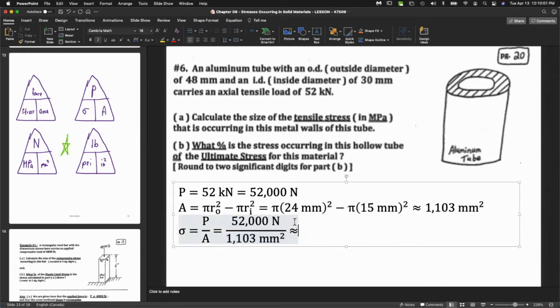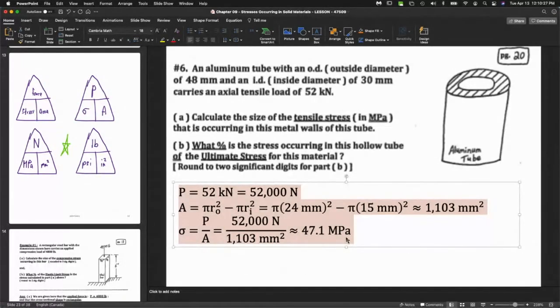So anyway, the good news here now is we have newtons and millimeters squared. Let's take a look on the side here. See, we have newtons and millimeters squared. That's good news, meaning that we are in the most orthodox of units, the ones that we want to have, and they will produce a stress value in magnitude of 47.1, and the units are megapascals. And this is a discussion from last lesson.